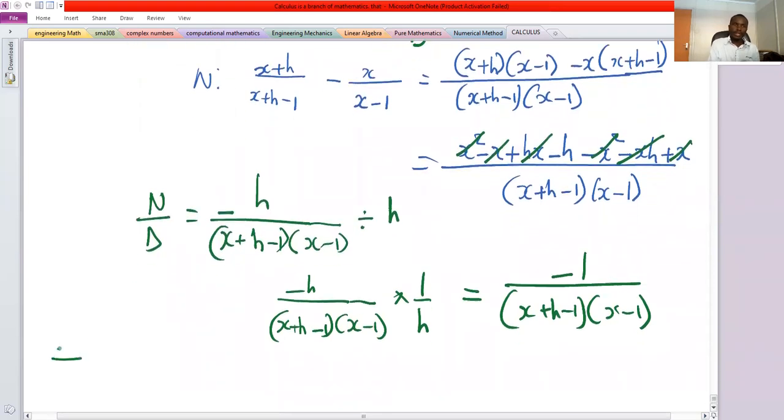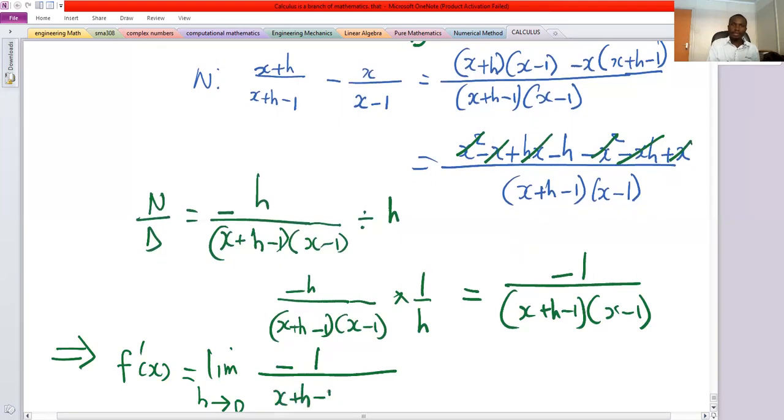So which means that the derivative will be limit as h approaches 0 of negative 1 over x plus h minus 1 times x minus 1.